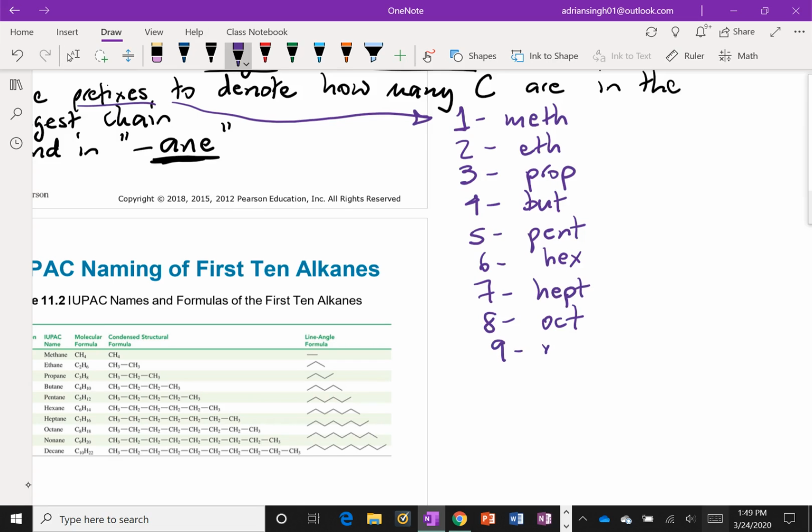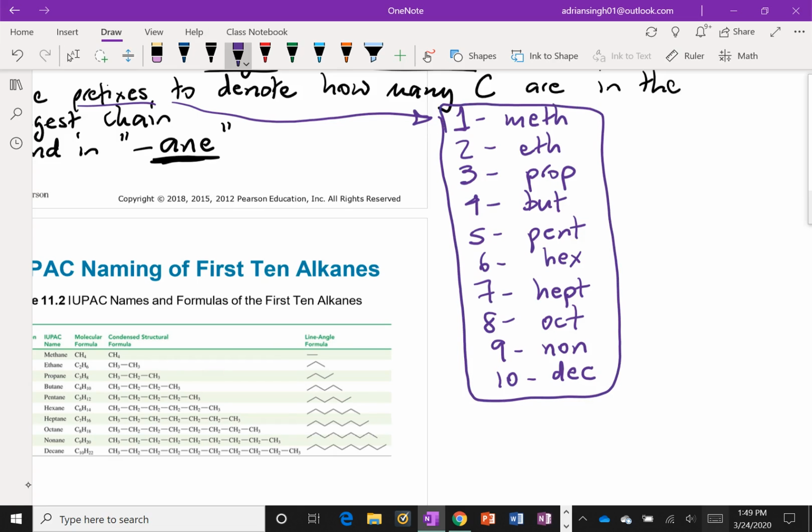For 9, it's non. And for 10, it's dec, right? And you've probably seen, actually we did see some of these prefixes before when we looked at our covalent compounds, but there's some new ones here that we are encountering, right? So for instance, the meth, eth, prop, and but, we haven't seen those before, but from 5 through 10, we've actually used those in our covalent nomenclature.